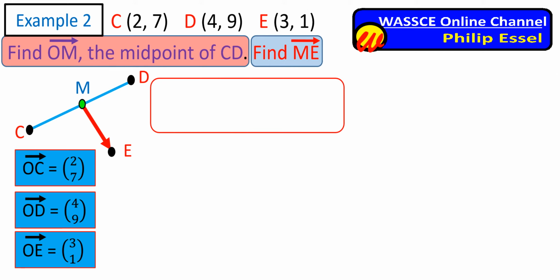So let's do the first part of the exercise. Let's find the vector OM, which is the midpoint of the line segment CD.